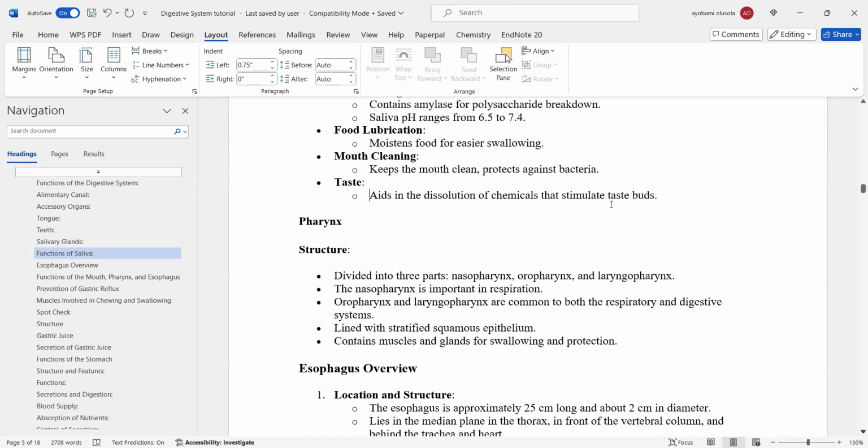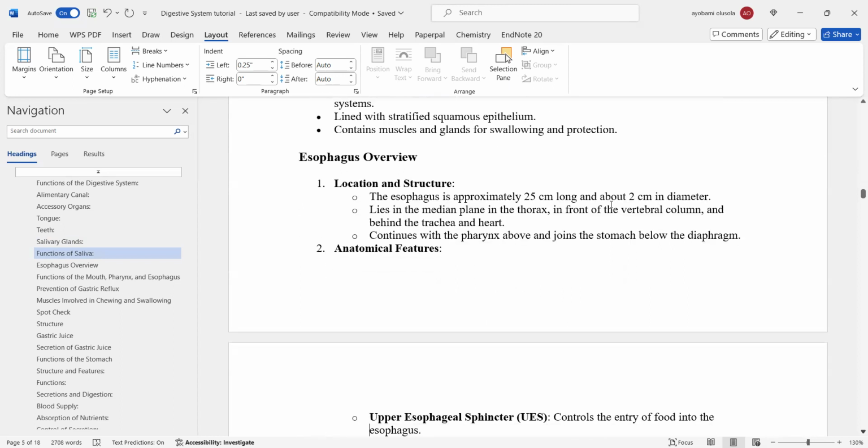So from the pharynx, we move to the esophagus. The esophagus is approximately 25 centimeters long and about 2 centimeters in diameter.